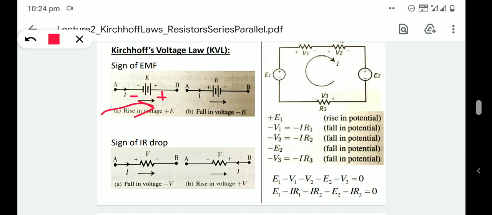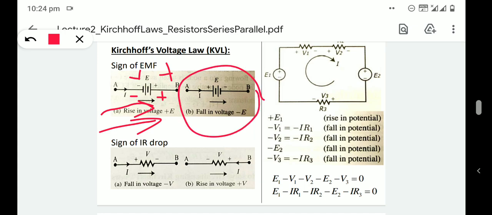As we are moving from negative terminal to positive terminal, which means a rise in voltage, right? So when there is a rise in voltage, it should be taken as plus. So plus E.